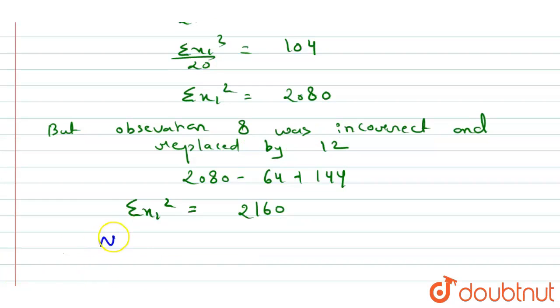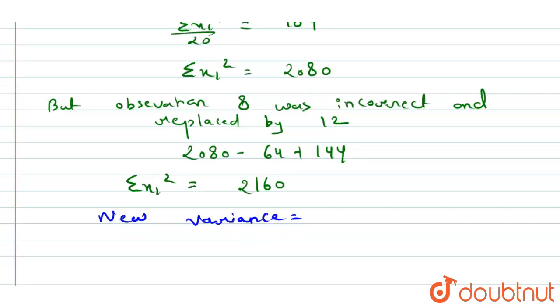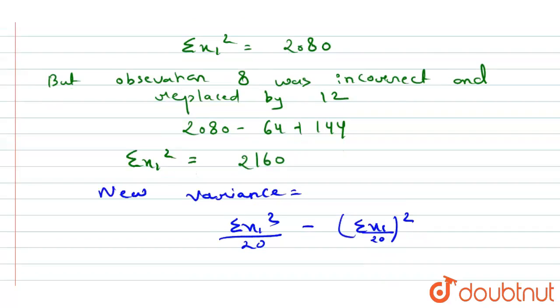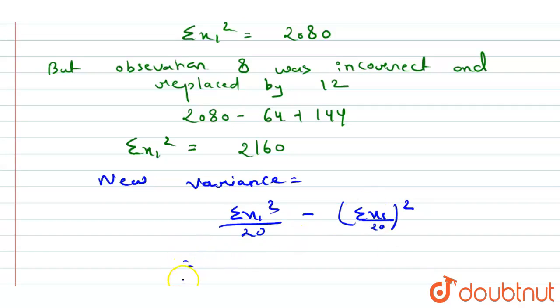So new variance is equal to, we will put the same formula, summation of xi square upon 20 minus summation of xi upon 20 whole square. This is given to us, new mean is 10.2.